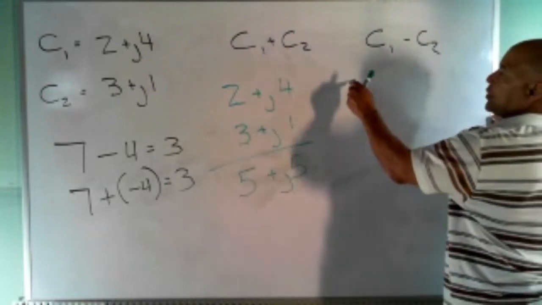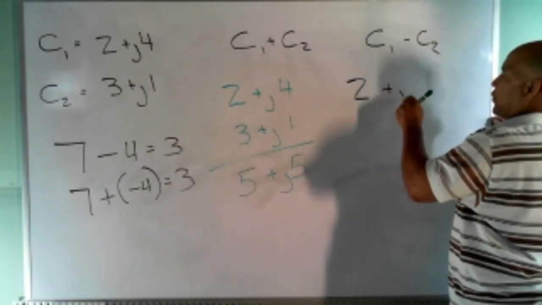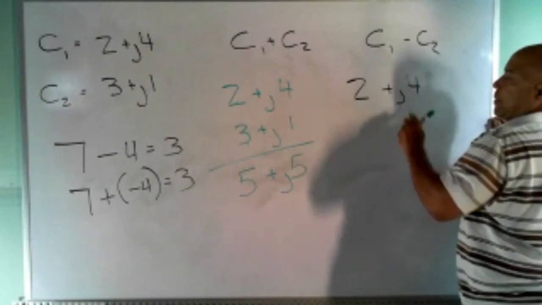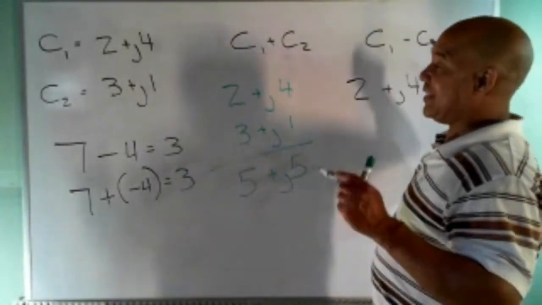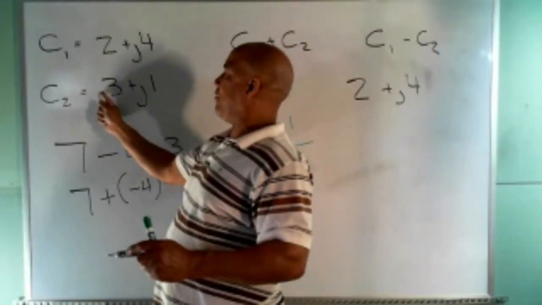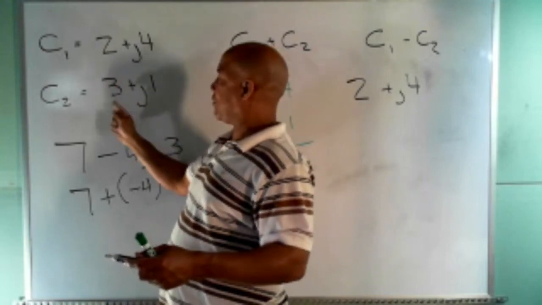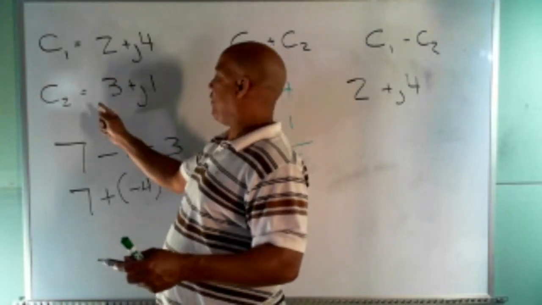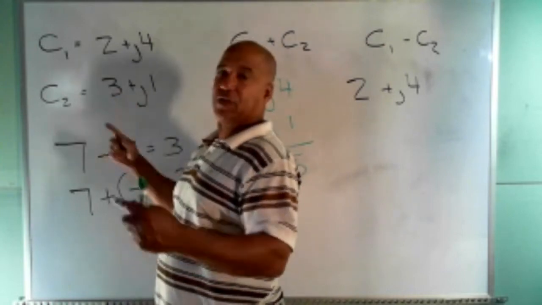So I got C1 is 2 plus J4. Now here's C2, but what I want is to add the opposite. I need the negative of C2. So to get the negative of C2, whatever sign I have, I just flip the signs. I got a plus, so I change it to minus. If I had a plus minus, I would change it to minus plus. Whatever the sign is, you flip it.